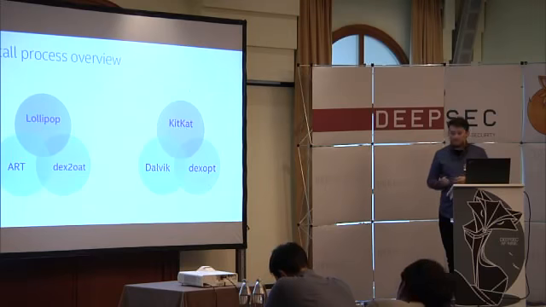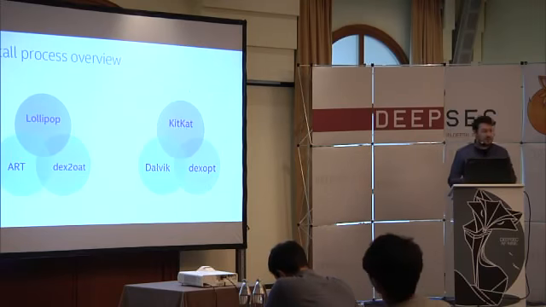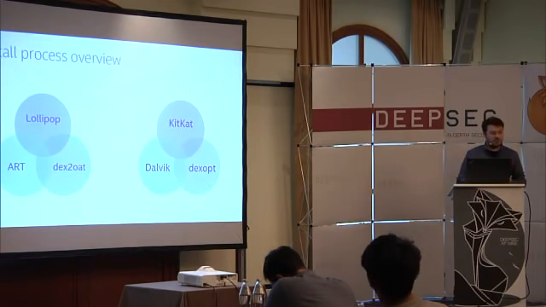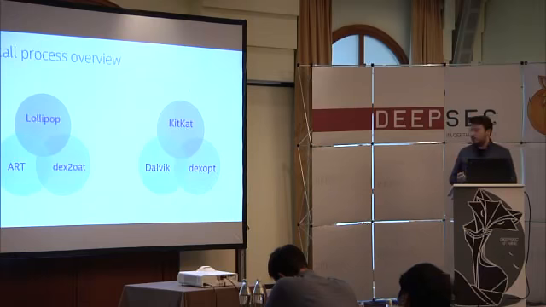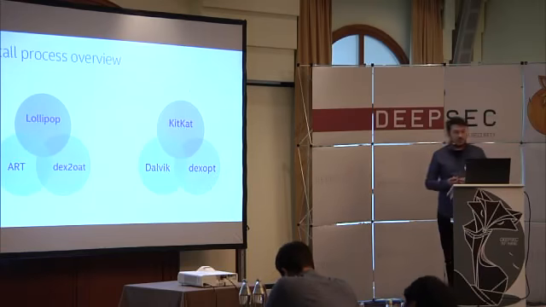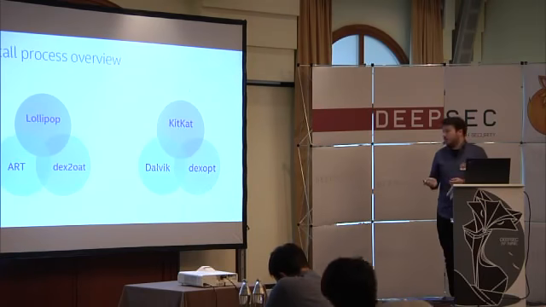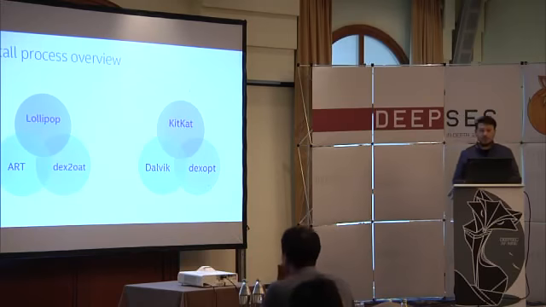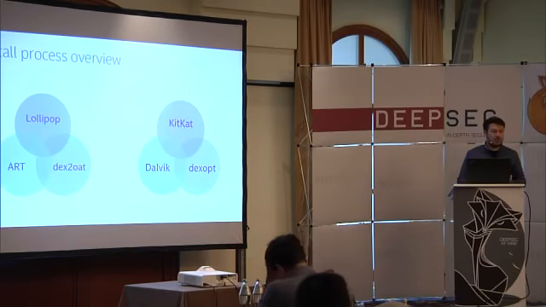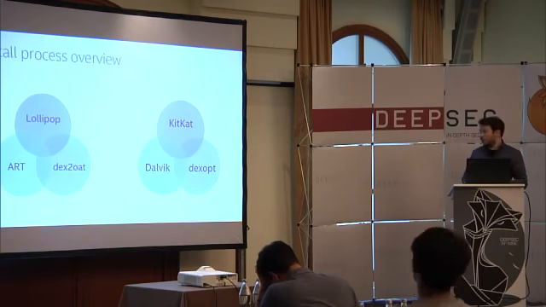The dex2oat takes as input a dex file, which is the compiled Java code from an Android application, and converts it into an OAT file, which is actually an executable, so an ELF file. In the case of KitKat, the process is similar, only that dexopt takes as input a dex file and converts it into an optimized dex file.